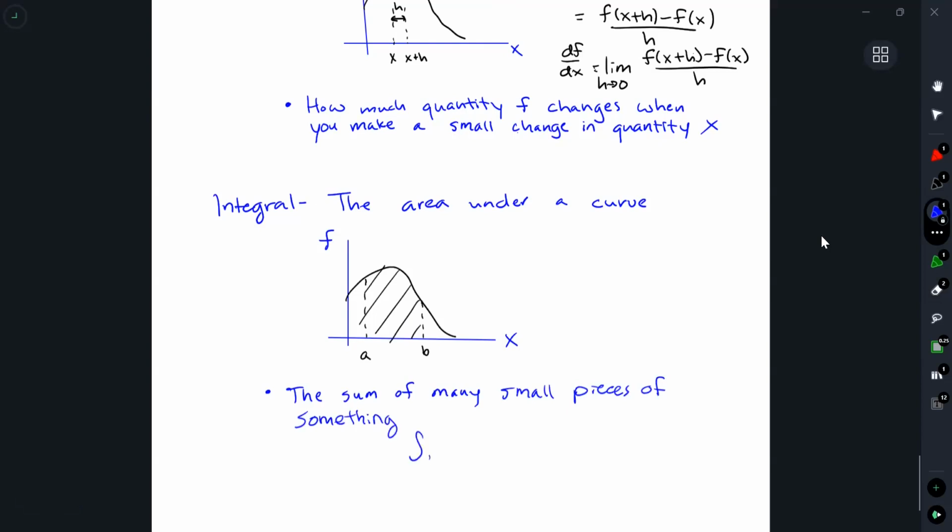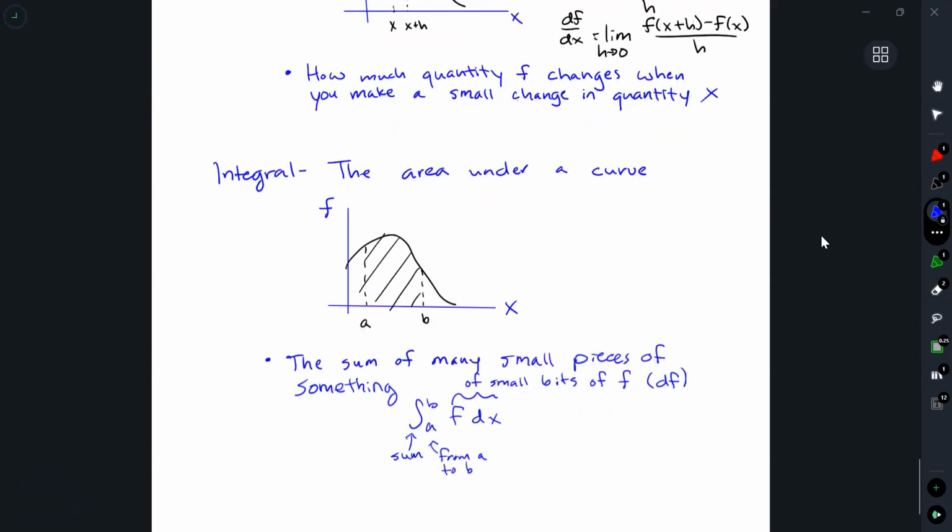So integral a to b f dx. This means sum from a to b of small bits of f.